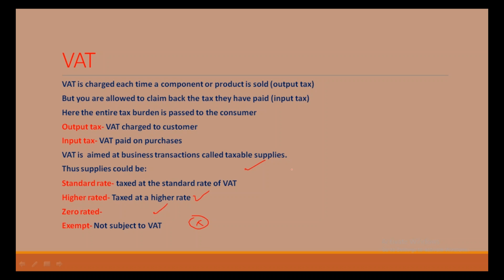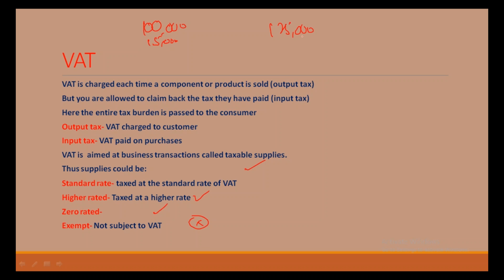Let's assume that you have bought a product for 100,000 and you paid a tax of, let's assume, 15%. Now this has become 115,000, the ultimate amount you pay, and now you do certain value additions and you sell it for 125,000.